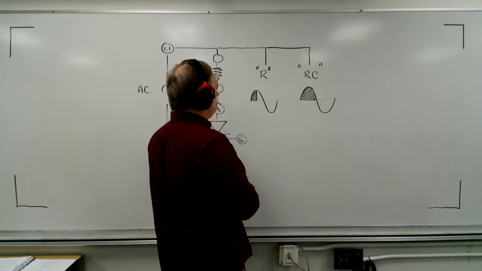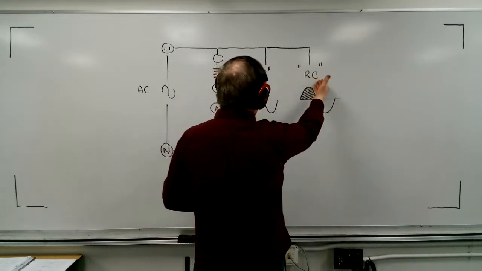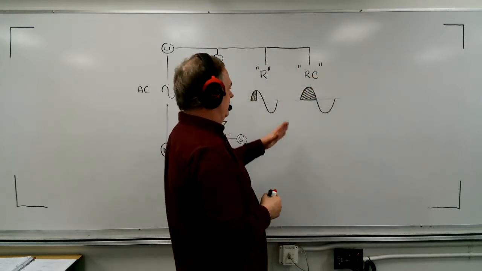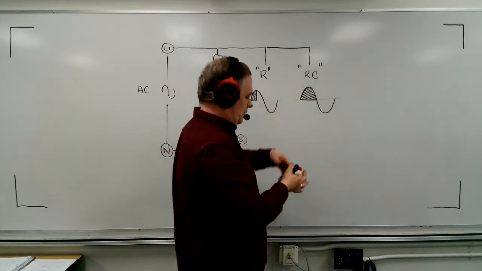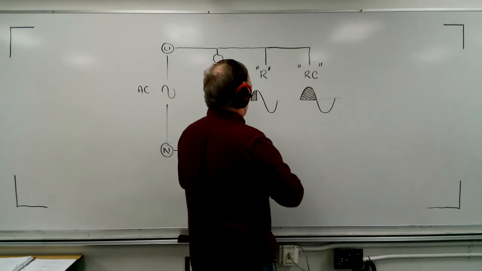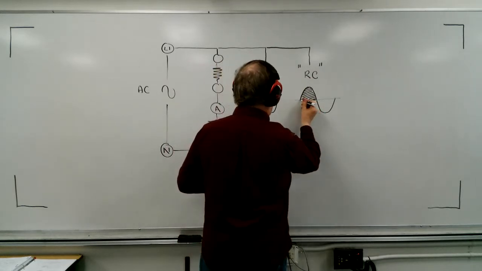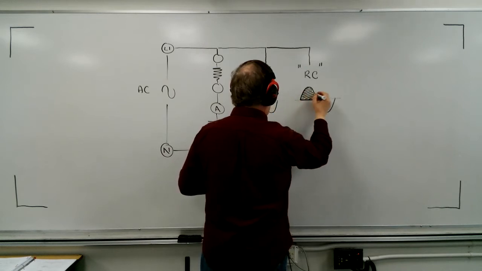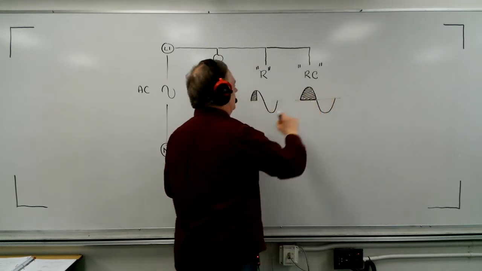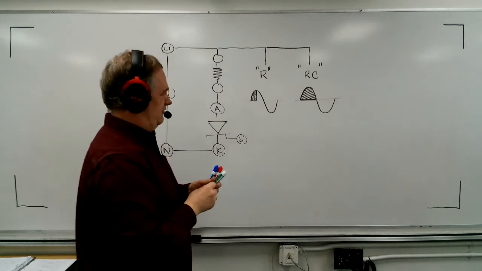Now, we're going to move to the RC trigger circuit. In this one, we're going to be able to control not only up to 90, but all the way from 0 to 180 degrees.